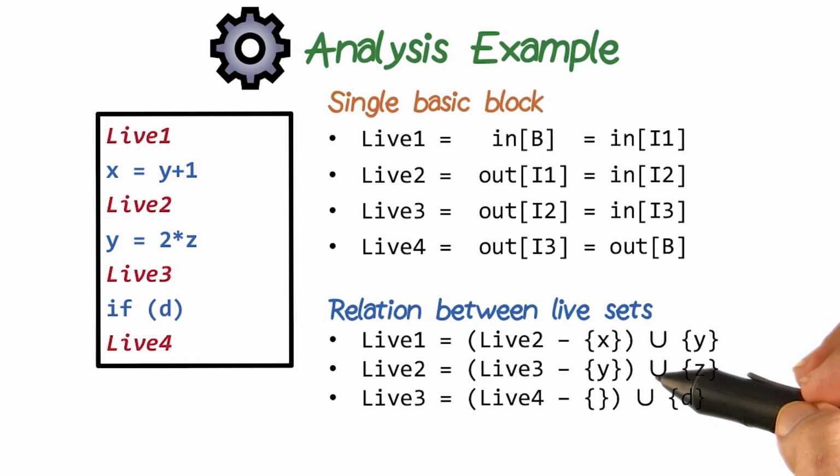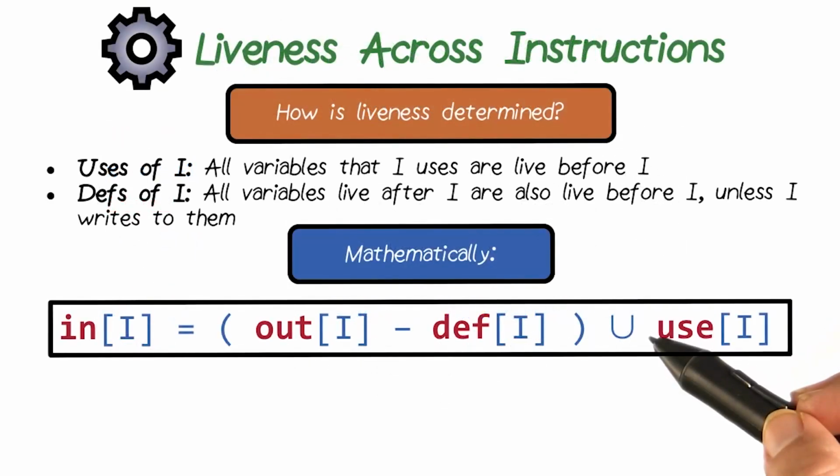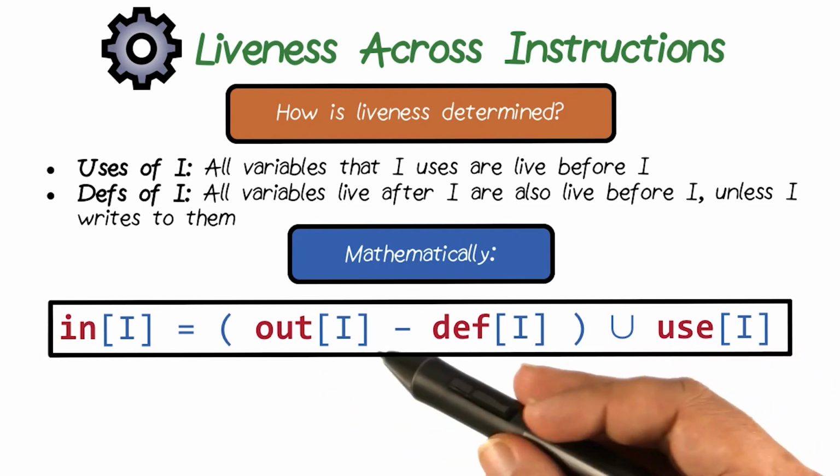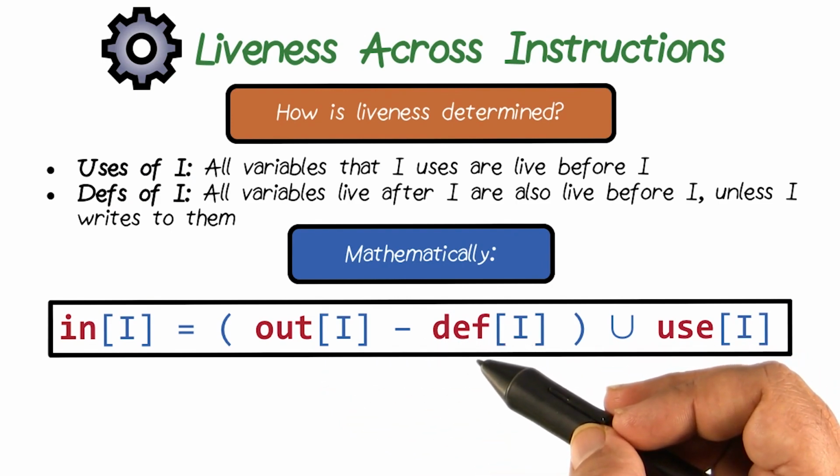Now, how do we cast this relationship? The relationship is very clearly expressed by this simple equation, which tells us that whatever variables are live after a particular instruction, they remain live provided they are not redefined in that instruction, because the answer to that question remains the same if there is no redefinition.